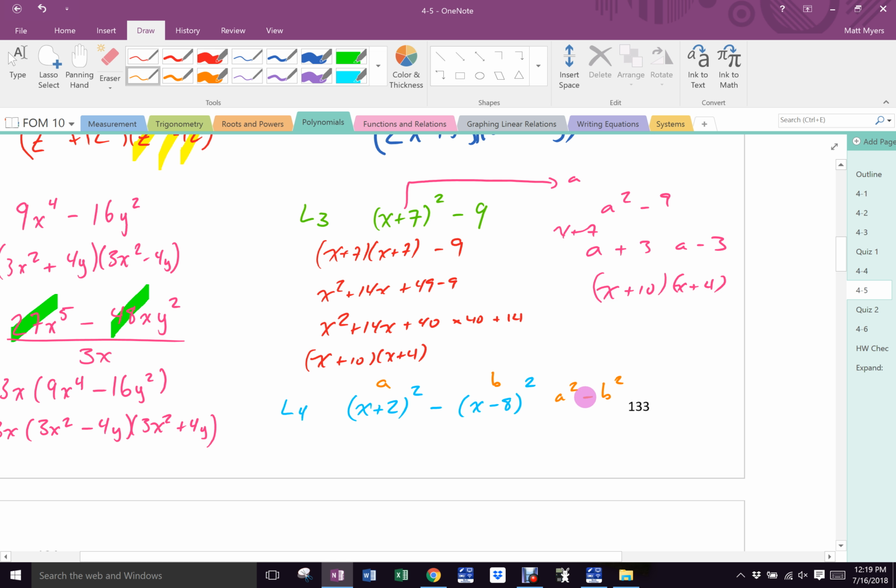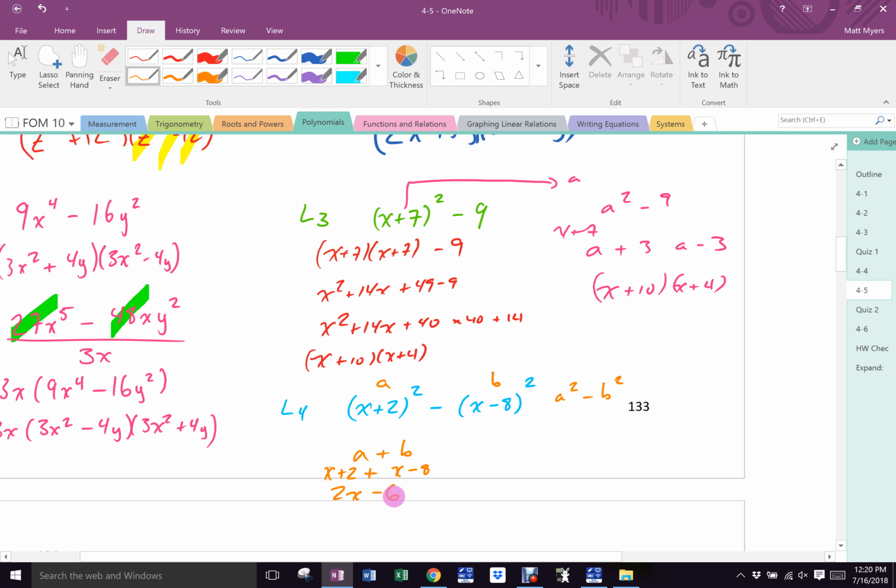And you know that's the square root of the first one, which is A, plus the square root of the second one, which is B, correct? So A was x plus 2. So I had x plus 2 plus B, x minus 8, correct? X plus x is 2x. 2 and minus 8 is negative 6.